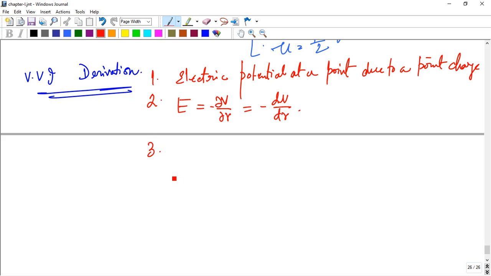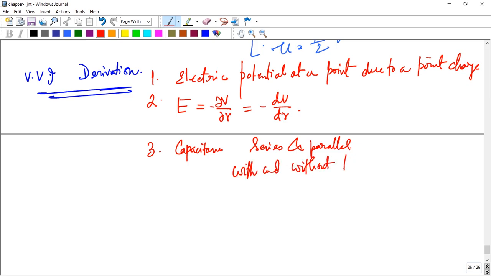Number three: capacitance, series and parallel, with and without dielectric.